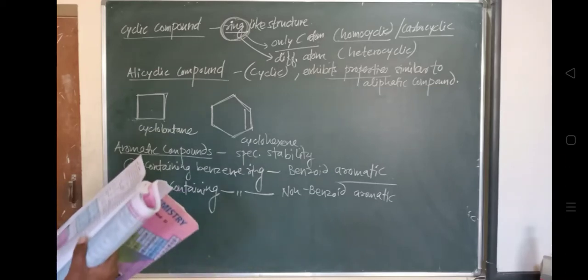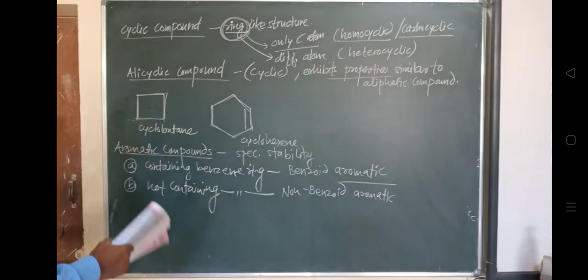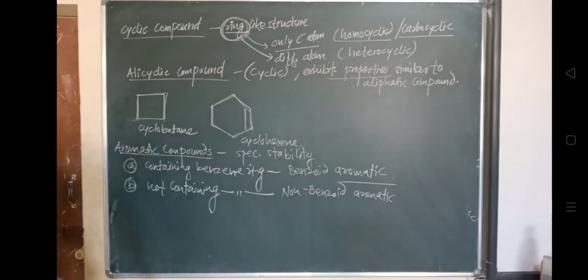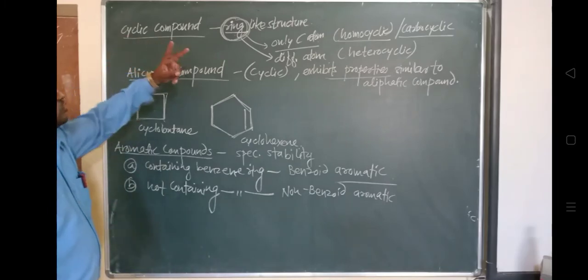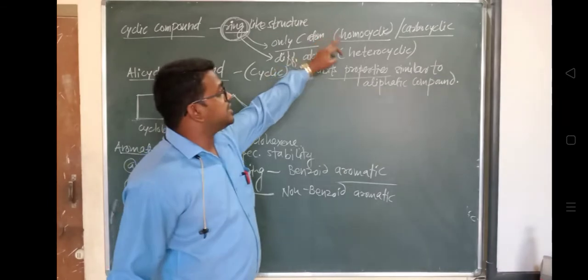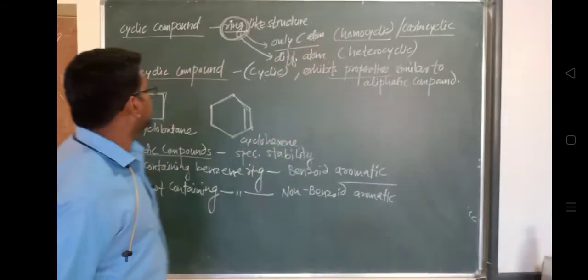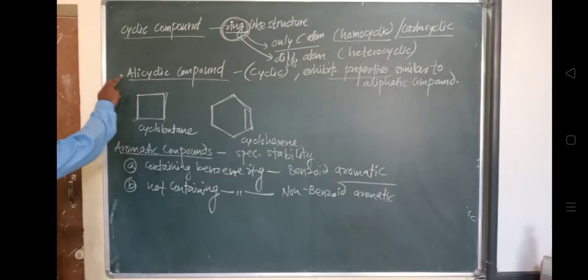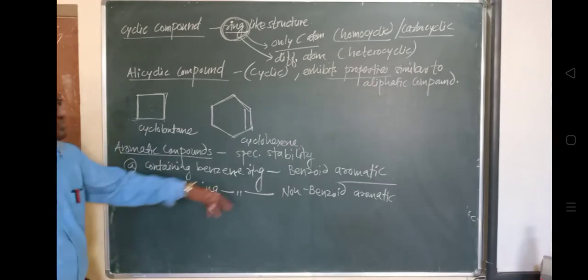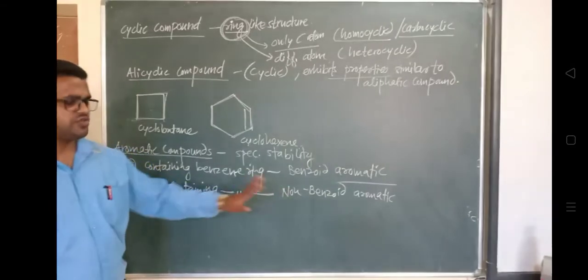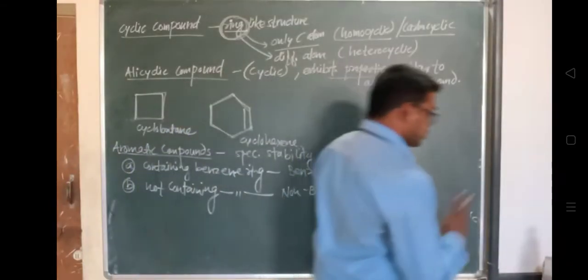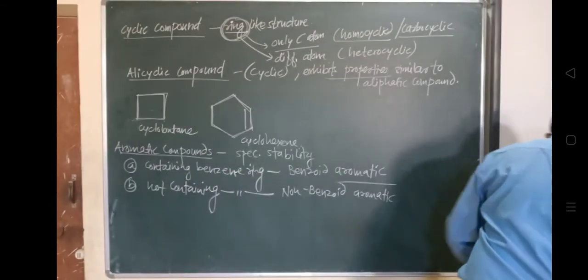So we will write it now. Cyclic compounds have two classifications, homocyclic and heterocyclic. Homocyclic is further classified into two, alicyclic and aromatic. Aromatic again has two classifications, benzoid aromatic and non-benzoid aromatic. So it is very simple. Now the last two classifications we'll see.